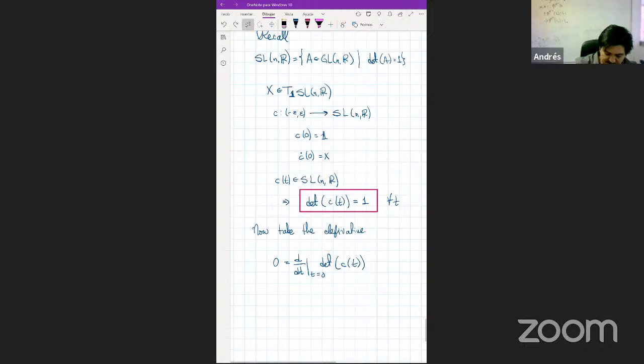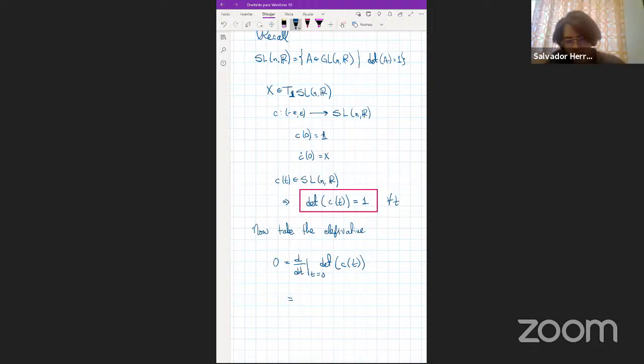So what is this, from what you have learned? What is the derivative of the determinant? Salvador, your mic is off. I didn't hear you. It's the trace. The trace. Yeah.